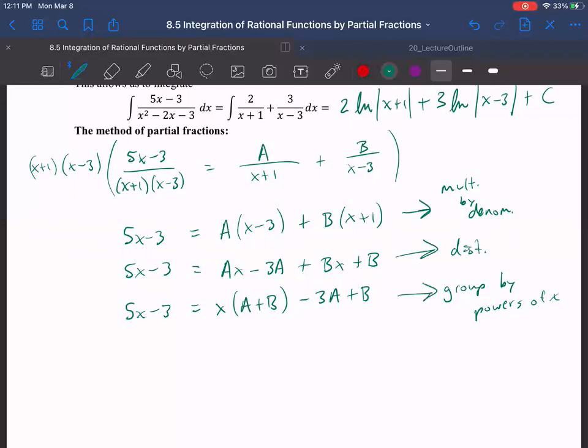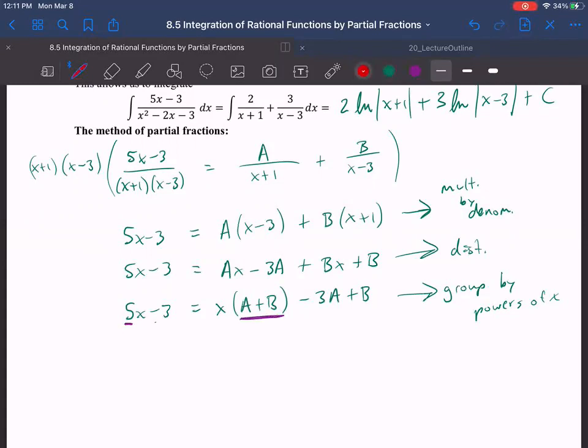Okay. Now, if we look at this, on the left side we have 5x minus 3. On the right side, we have something times x plus some other constant, right? So what we can do is match this up. We have 5 times x over here. Here we have something times x.